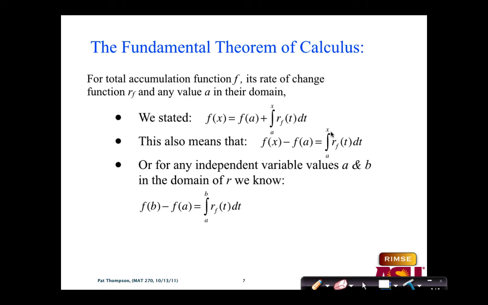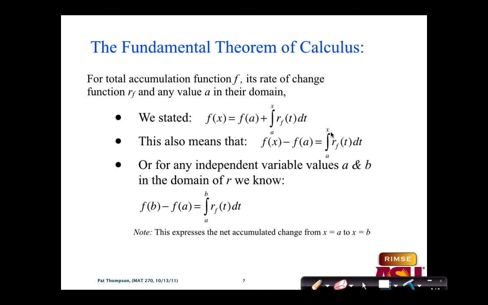These are all just rearrangements of the same fact, the same putting together of total accumulation f of x, just by algebra, or by thinking about what if I put in a number for x instead of leaving it as x as a function. But they're all telling us kind of the same thing.